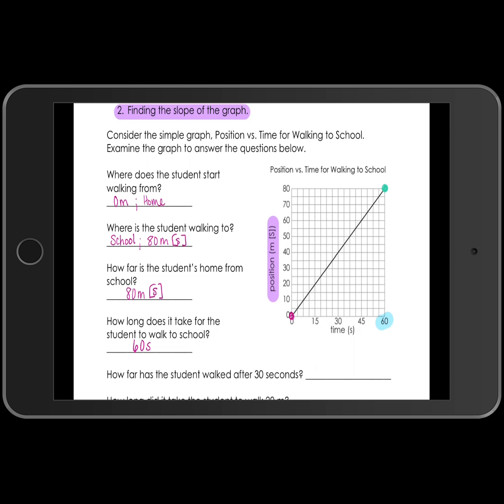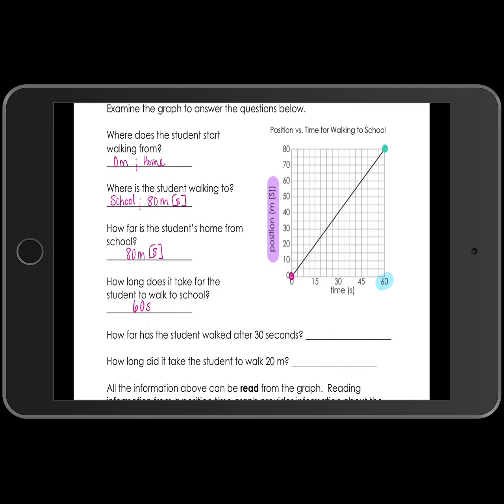How far has the student walked after 30 seconds? If we look at 30 seconds, moving up, we find the point at which the line crosses, and then going over, we can see that it was at position 40 meters south.